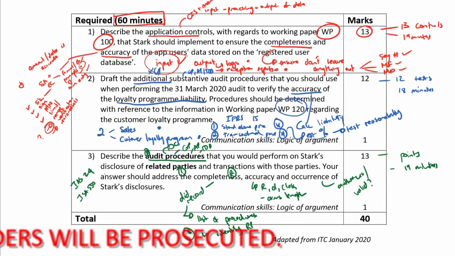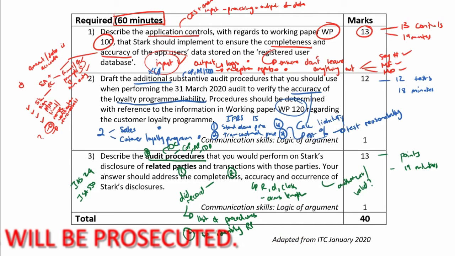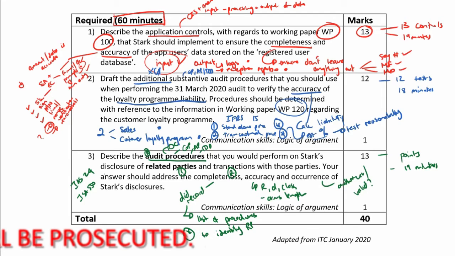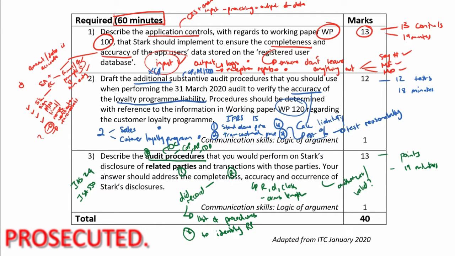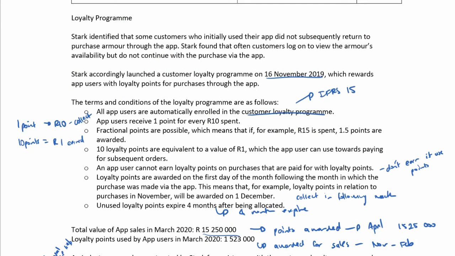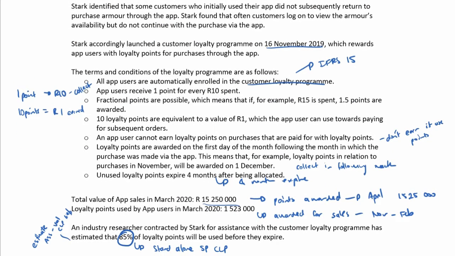Okay, so I think the first point of call is going to be to go back to the working paper 120 to see all the information that I can go about testing, and then to make sure I test all the elements per IFRS 15. Okay, so as I look through here, I can see that all app users are automatically enrolled.